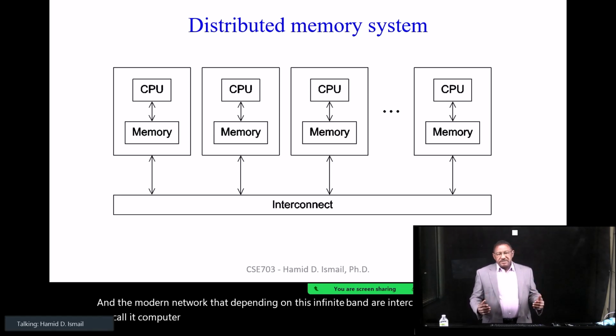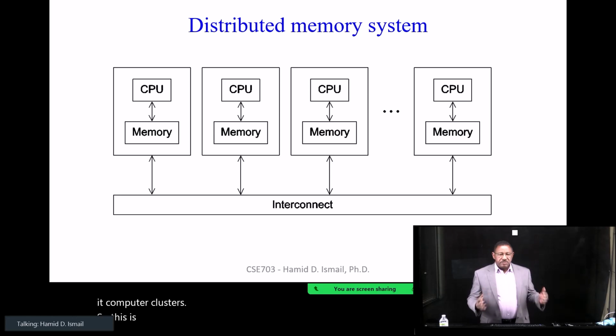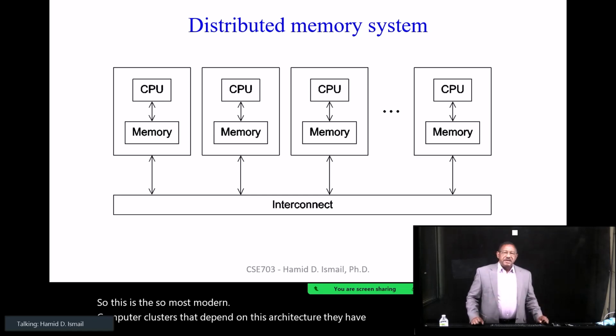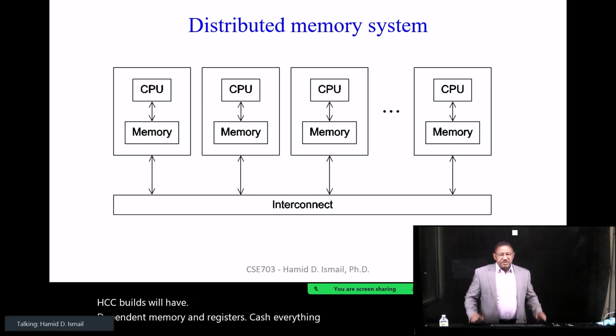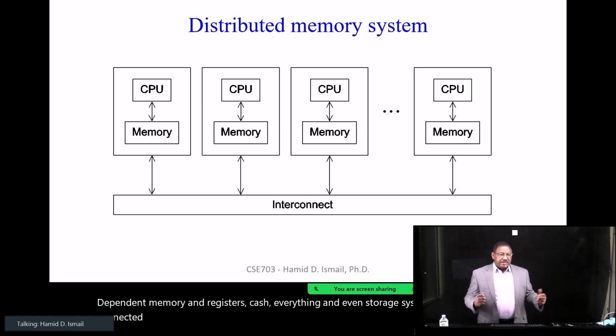So most modern computer clusters depend on this architecture. They have different CPUs, and each CPU has its own independent memory, registers, cache, everything, and even a storage system, but they are connected together.